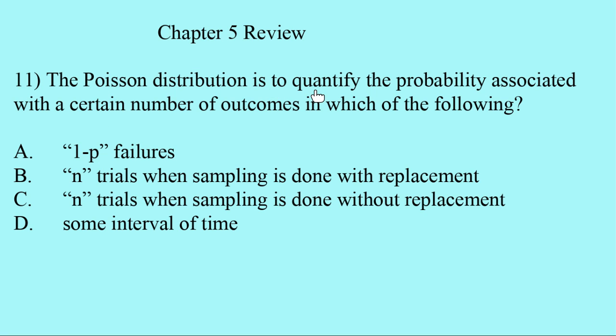The Poisson distribution is to quantify the probability associated with a certain number of outcomes in which of the following: 1 minus P failures, N trials when sampling is done with replacement, N trials when sampling is done without replacement, or some interval of time? Okay, it should be D. And why is that correct?